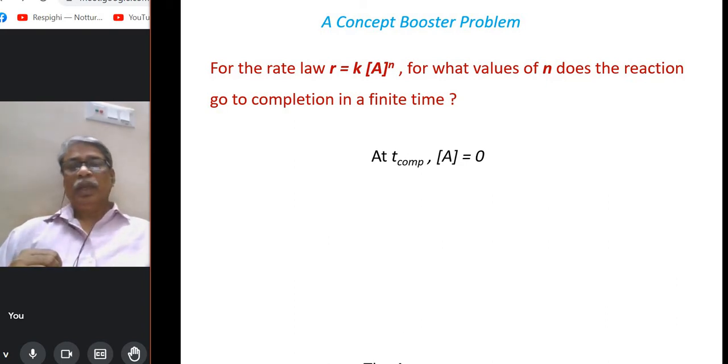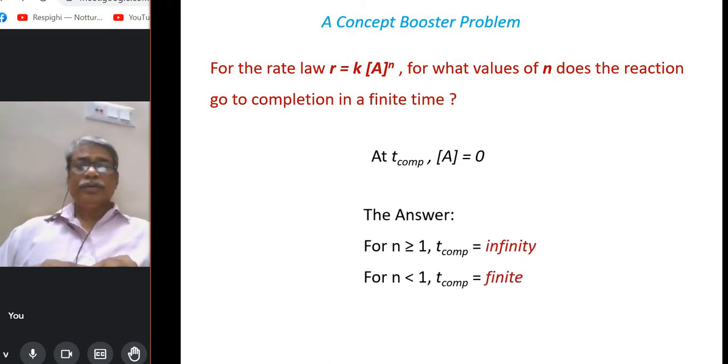Now the answer is that for n greater than or equal to 1, for any value of n greater than or equal to 1, the completion time would be infinite. That means the reactions practically will not go to completion. But for n less than 1, you will get a finite completion time. So we'll analyze how these answers come.